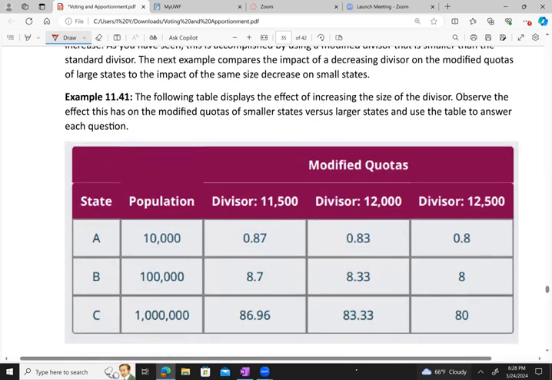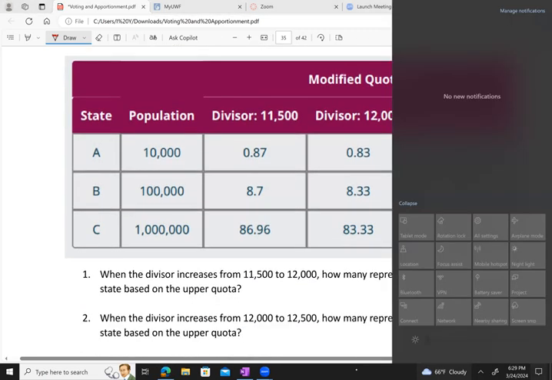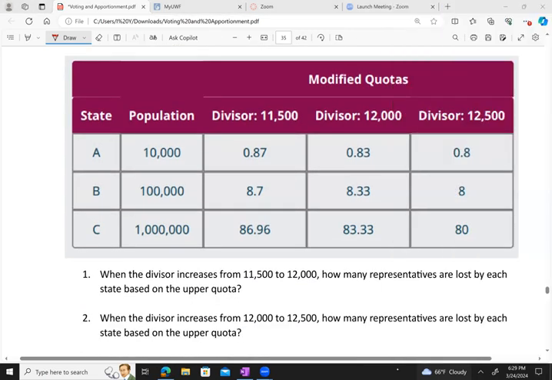The following table displays the effect of increasing the size of the divisor. Observe the effect this has on modified quotas of smaller states versus larger states, and use the table to answer each question. So we have A, B, and C, population of 10,000, 100,000, a million.